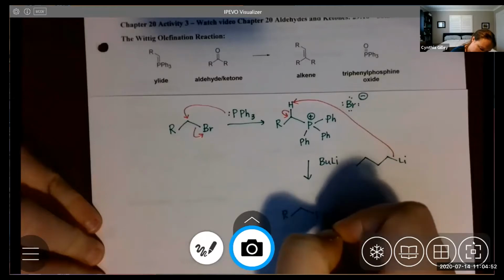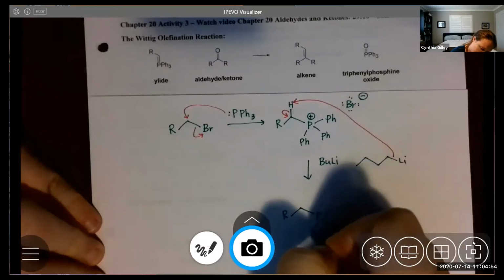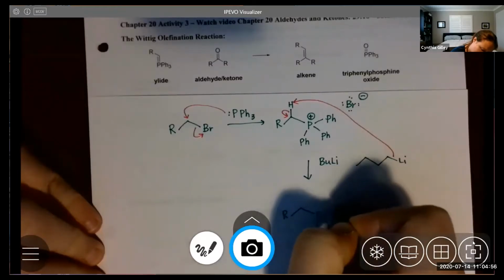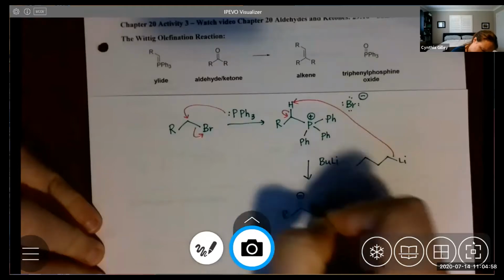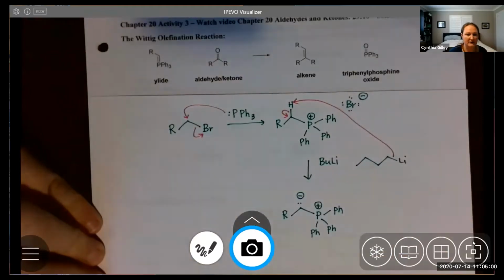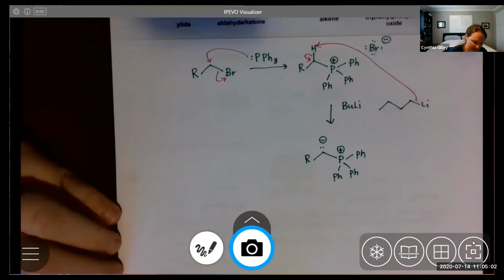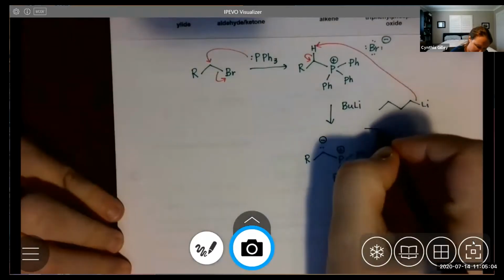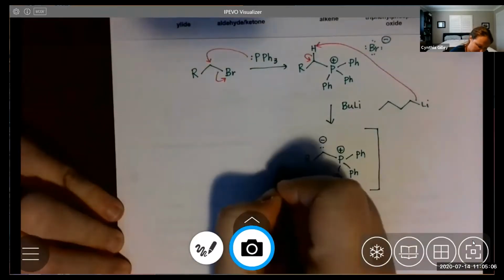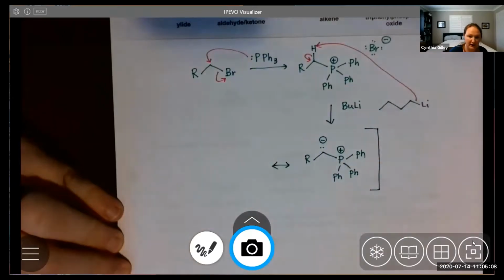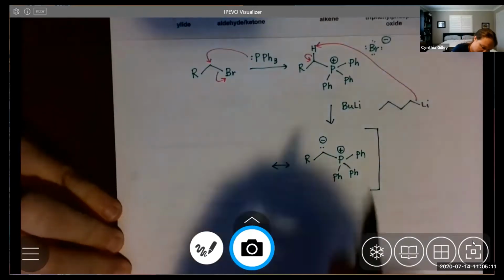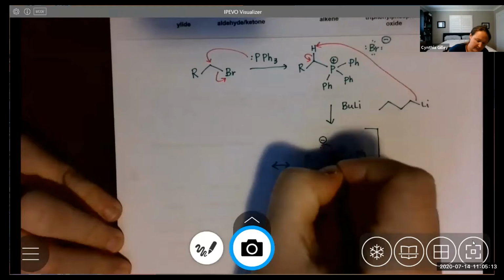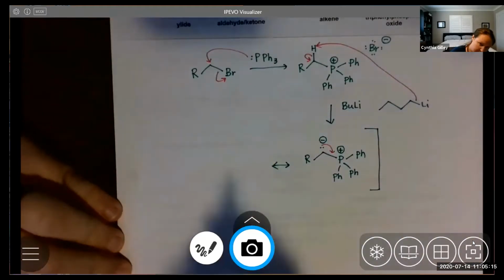what's called the ylide. With charges drawn in, that would be a negative next to a positive charge, and this is just one resonance contributor. Sometimes people also draw the other resonance contributor, which involves electron sharing on that carbon.